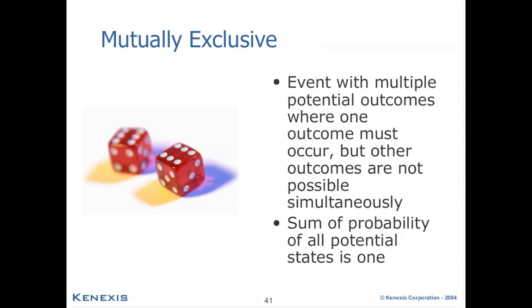Expanding from that, we can also consider mutually exclusive events, where an event may have not two, but multiple potential outcomes, where one of the outcomes must occur, but other outcomes are not possible simultaneously. The sum of all the probability states is 1.